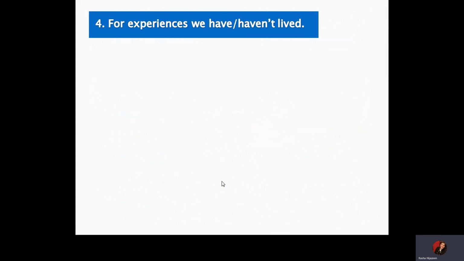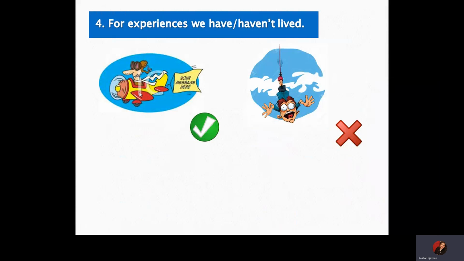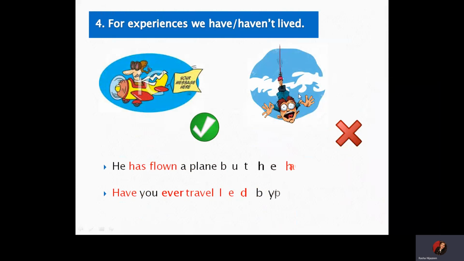Let's go to number 4. For experience, we have or haven't lived. Experience. Let's see the example. Experiences means something you lived. We have someone flying and someone doing bungee jumping, right?